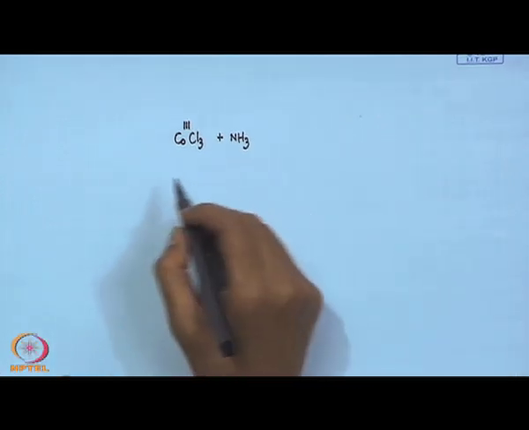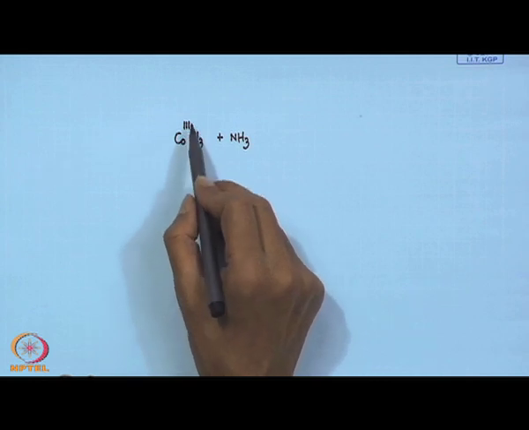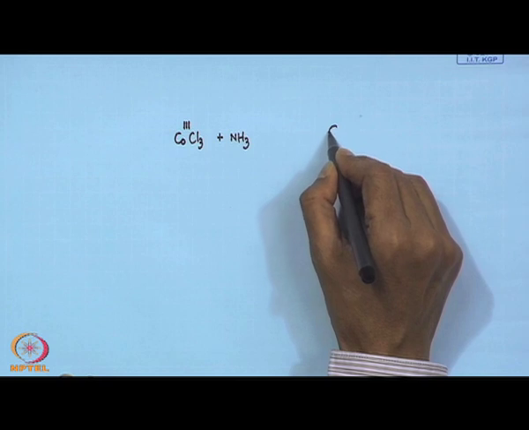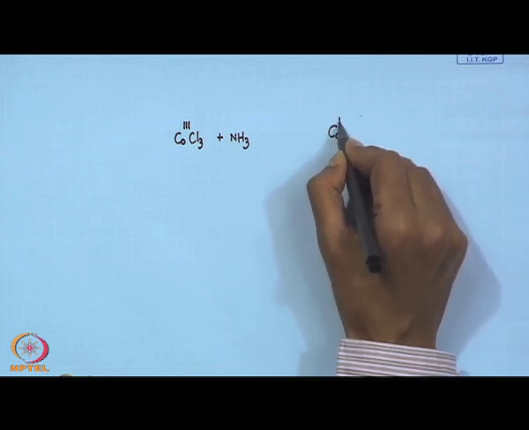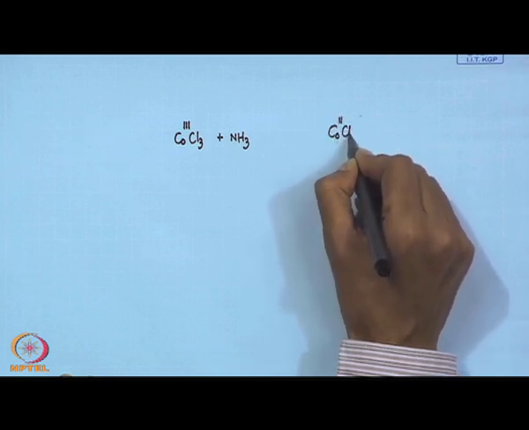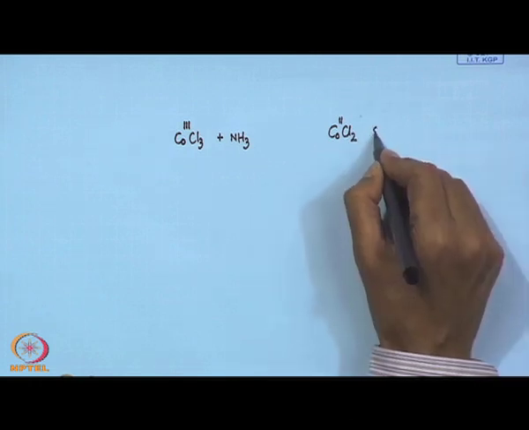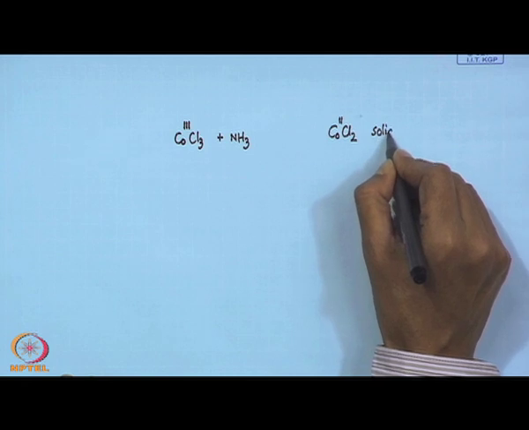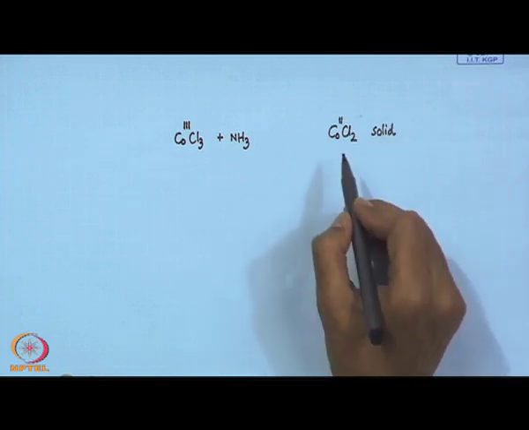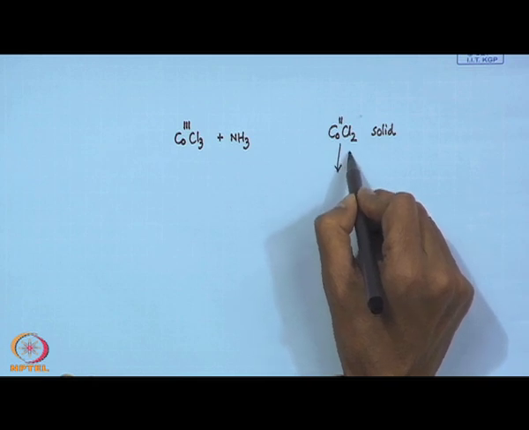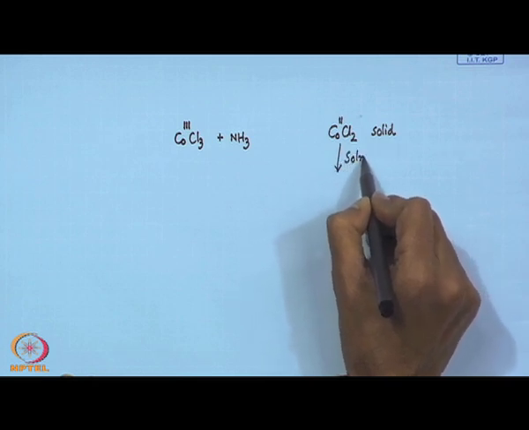So, this has two aspects: it is not in the +2 oxidation state which we occasionally find, that means the solid cobalt 2 chloride, cobaltous chloride, which can be solid, and if it is in solution, we make this in solution in water.